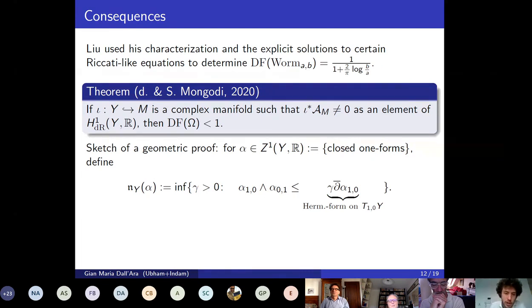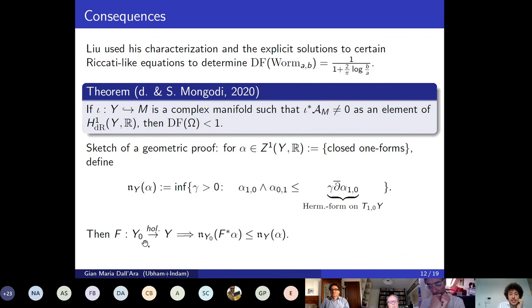And this descends to cohomology by taking the infimum over all the closed one-form representatives of a cohomology class. So the object I just defined is defined on closed one-forms and then cohomology classes on a generic complex manifold.